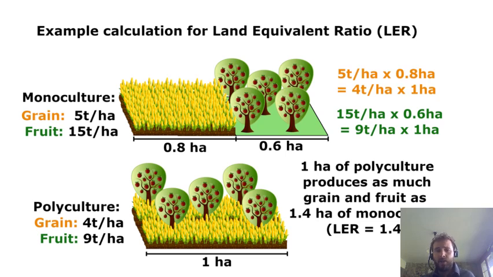So if you look at the picture above, you see that to get the 4 tons that you have on the hectare of polyculture, you will need 0.8 hectares of maize or less, and to get the 9 ton of apple, you will need 0.6. But if you add them together, of course, you get 1.4. So you need more land in monoculture to produce 4 ton of grain and 9 ton of apple that you produce only on 1 hectare if you associate them.